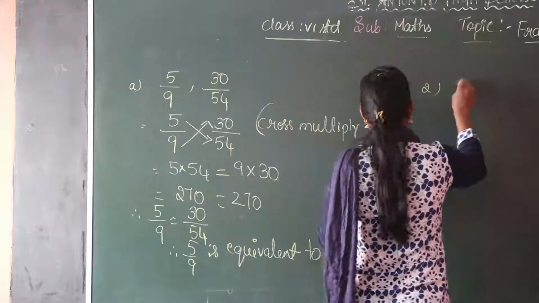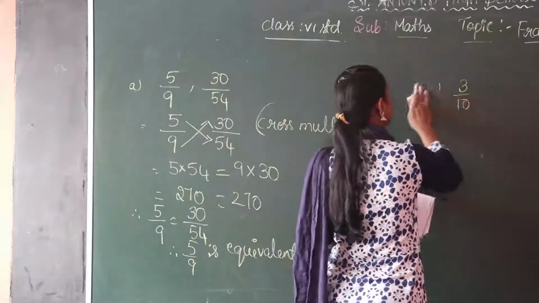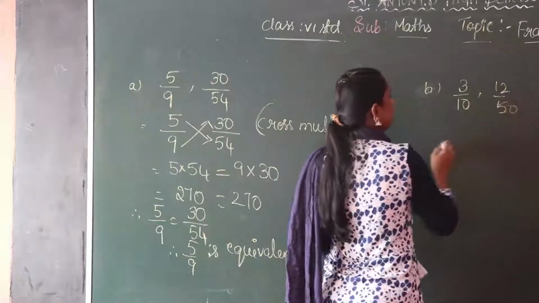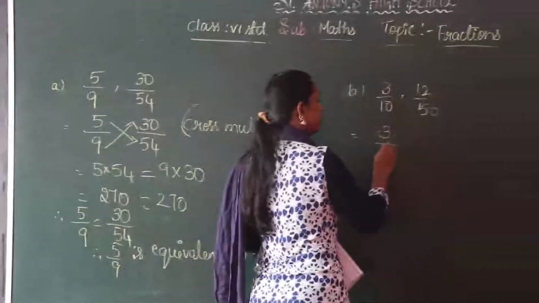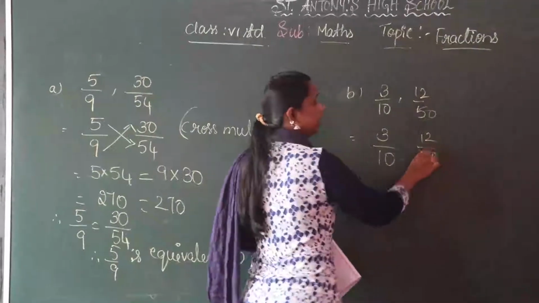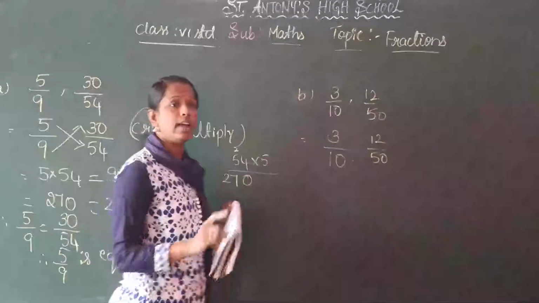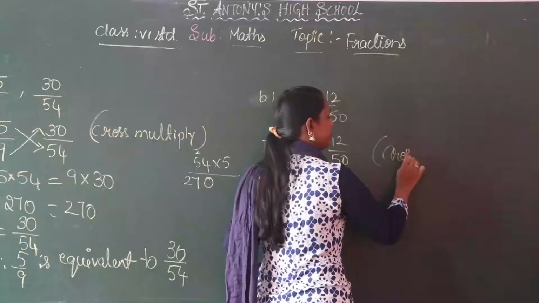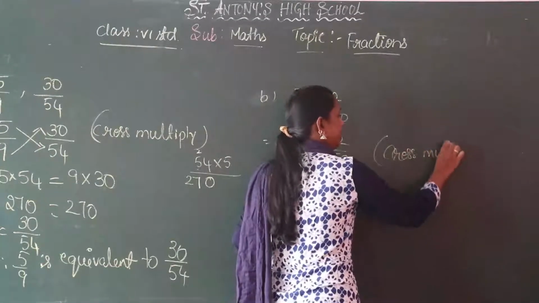Second one, 3 by 10, 12 by 50. Write down the given fraction first: 3 by 10, 12 by 50. The first step is cross multiplication. Write in the bracket, children, cross multiply.